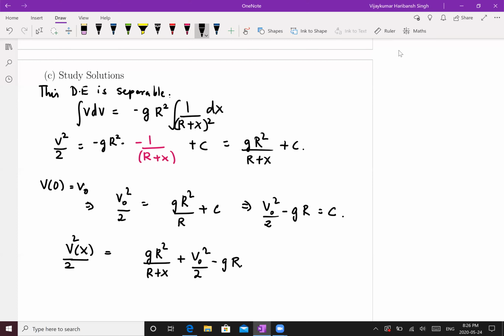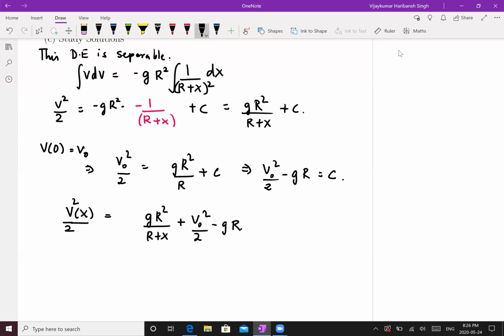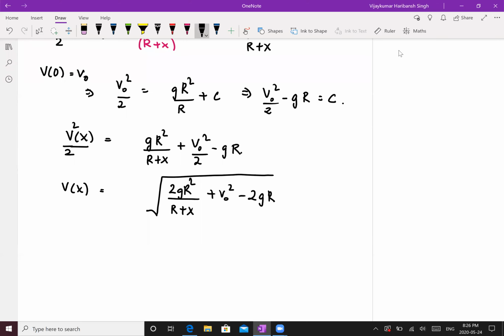If I simplify it, I multiply both sides by 2, so I get 2 gr square by r plus x. This 2 and this 2 will cancel, so v naught square minus 2 gr. This is my v square, and then I take the square root on both sides. So these are my solutions.